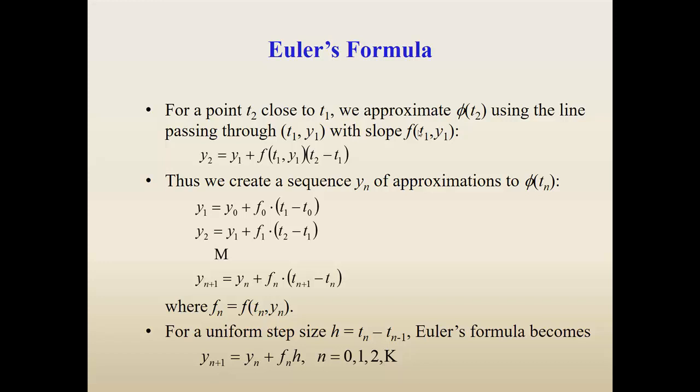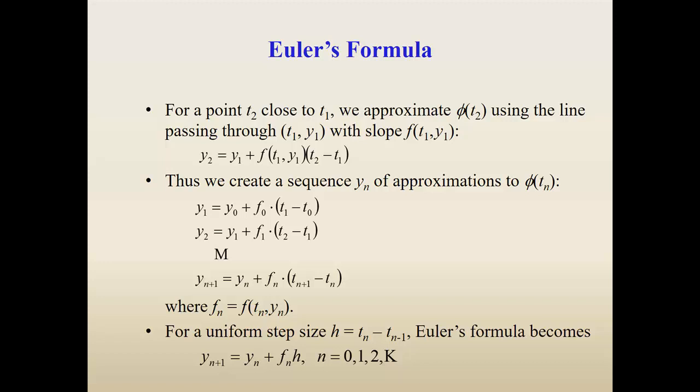To make things easier, frequently what we're going to do is choose a uniform step size. For example, let's always take a step size of 0.1 seconds, or 0.1 milliseconds, or 0.1 nanoseconds, or 0.05 seconds.